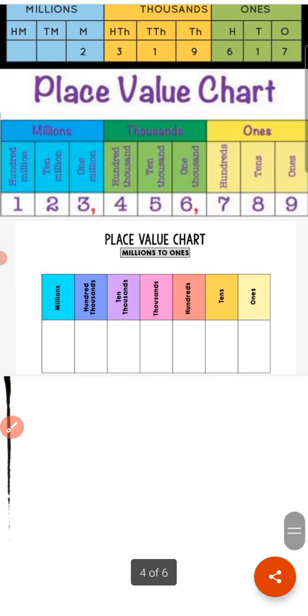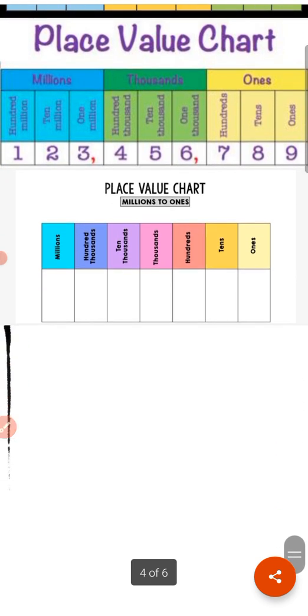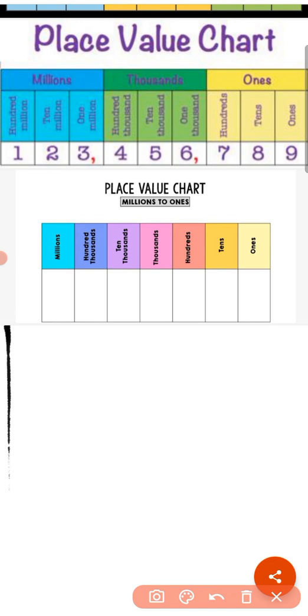I will explain you one more example. Here the digits given. First I will read the digits. 9 ones place, 8 in tens place, 7 in hundreds place, 6 in thousands place, 5 10,000s place, 4 100,000s place, then 3 millions place, and 2 10 million place, and 1 100 million place.